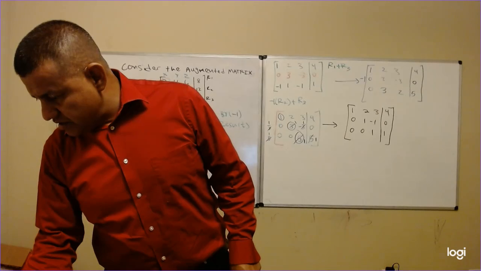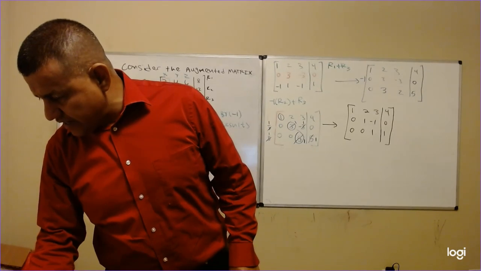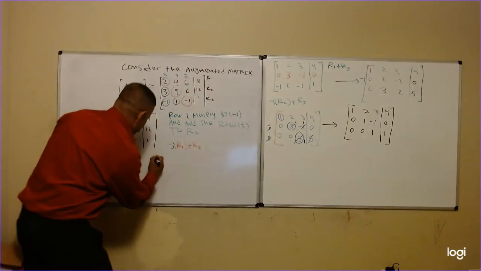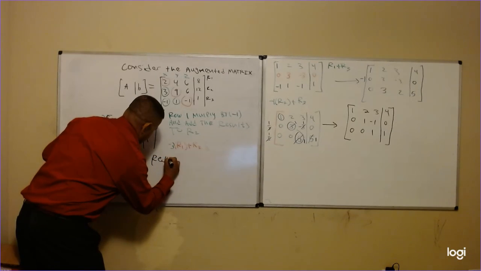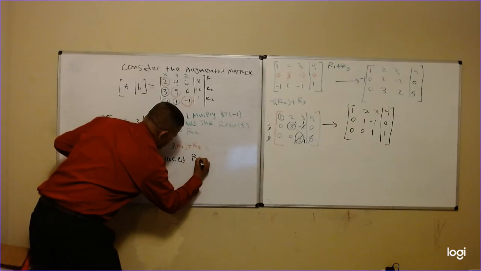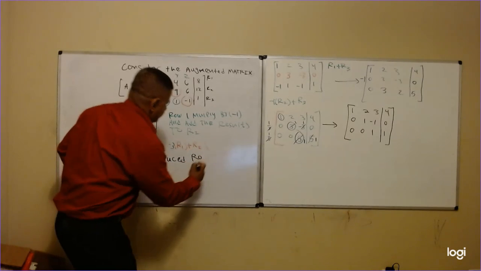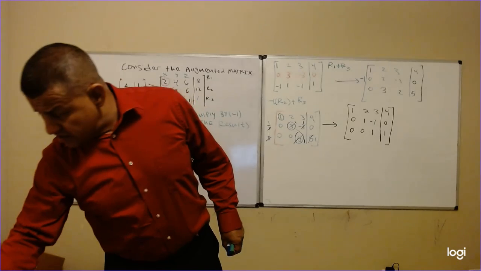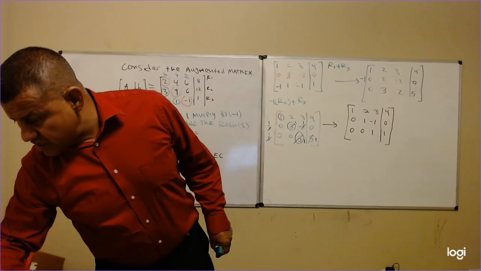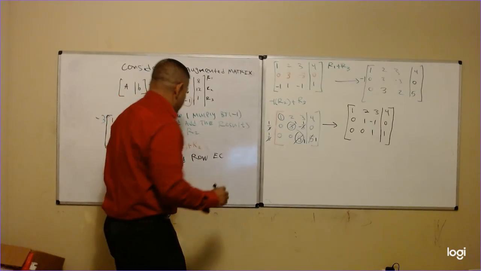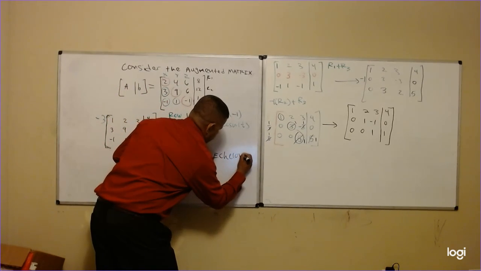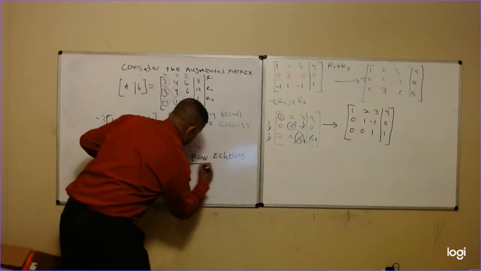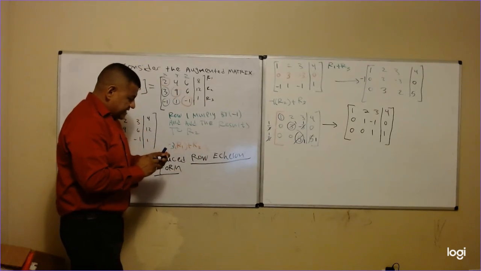Row echelon, right? So reduced row echelon form, right?